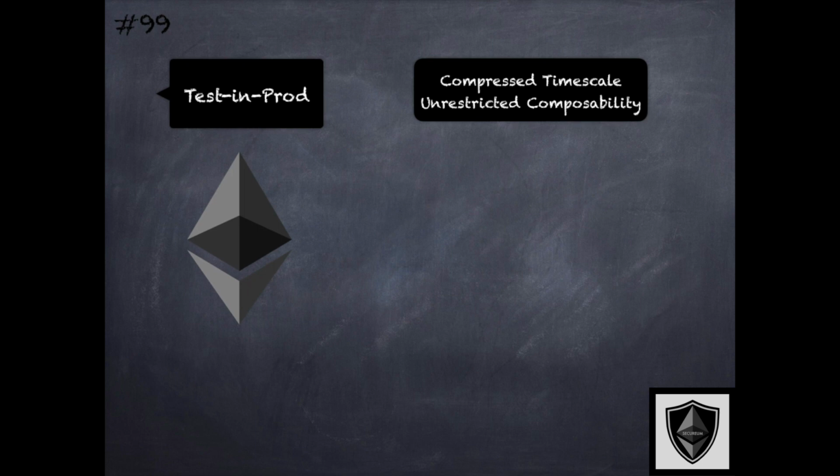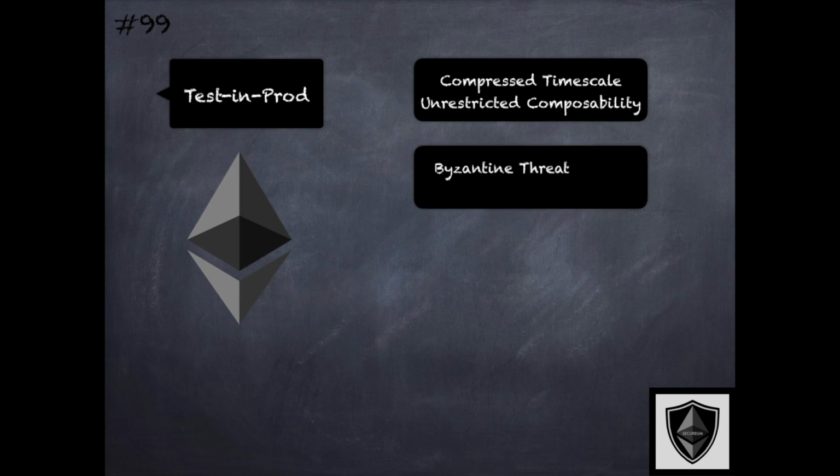Now, if you go back to the concepts of compressed timescales that we talked about, unrestricted composability of contracts and applications in this space, the Byzantine threat model, and really the challenges of replicating the full state of a live blockchain in a test setting, all these are really what make testing in a testing environment very hard.